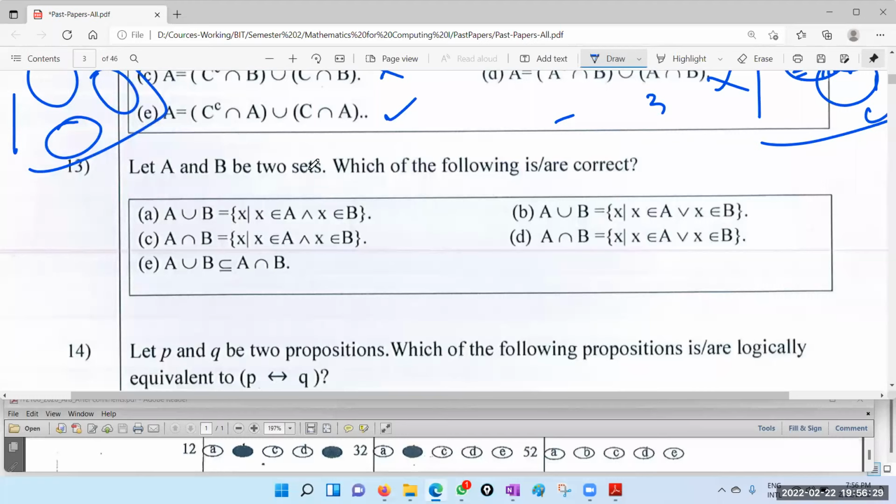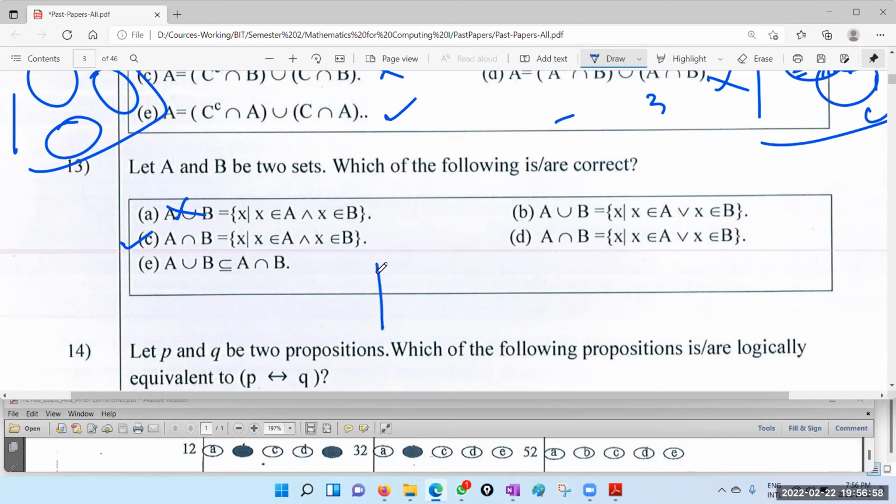Let A and B be two sets. Which of the following is/are correct? A union B is X such that X is a member of A and X is a member of B. That is A intersection B, not A union B. A union B is a subset of A intersection B?